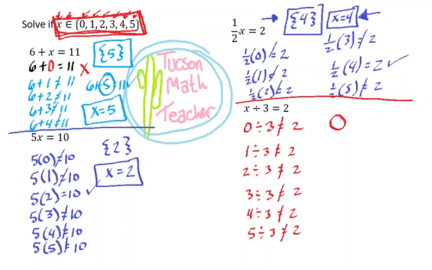We draw this circle-looking thing with a line through it. That's called the null set. And it's the set that includes no elements, nothing in it. It's different than 0. 0 is a number, but the null set is the set that contains no numbers.